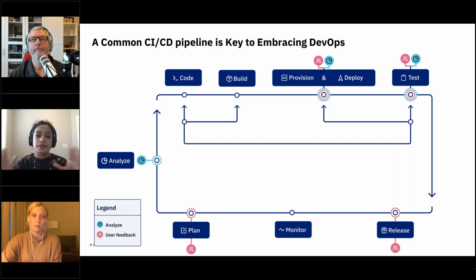It has to embrace the whole enterprise, right? And the key to making sure that you deliver business functionalities on time, the right functionality at the right time, is to have the correct automation in place, a common CI/CD pipeline in place.